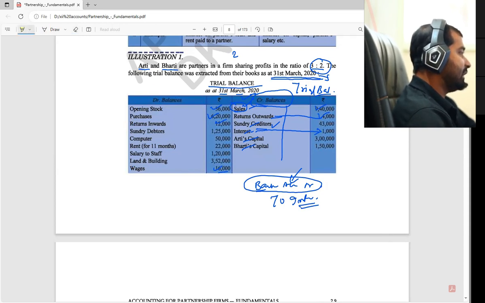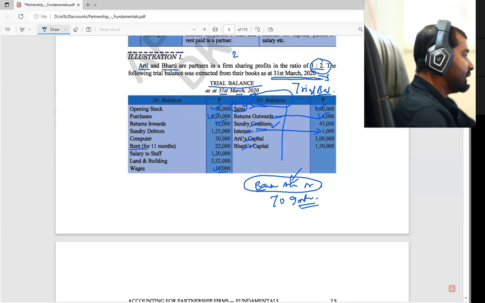Return inwards we have used. Sundry debtors we are not going to use at all because they are assets. Computer also not. Now see the rent. Have you seen that? The rent is for 11 months.